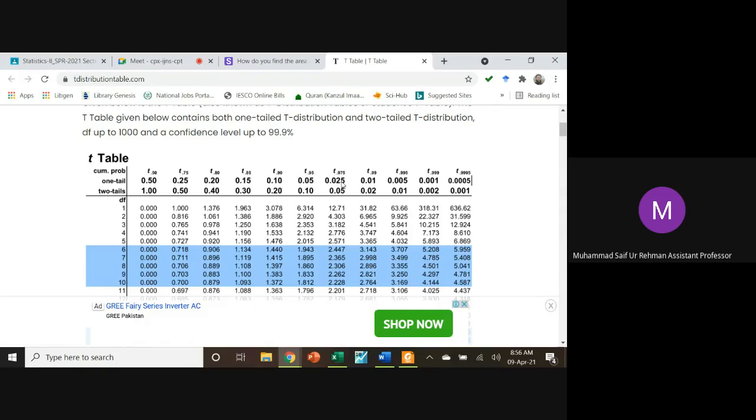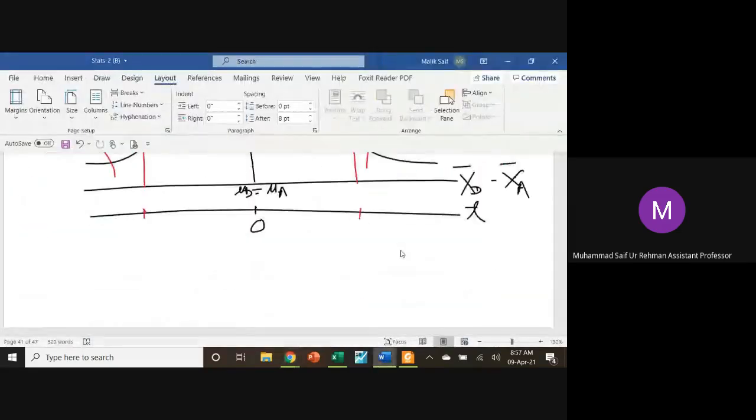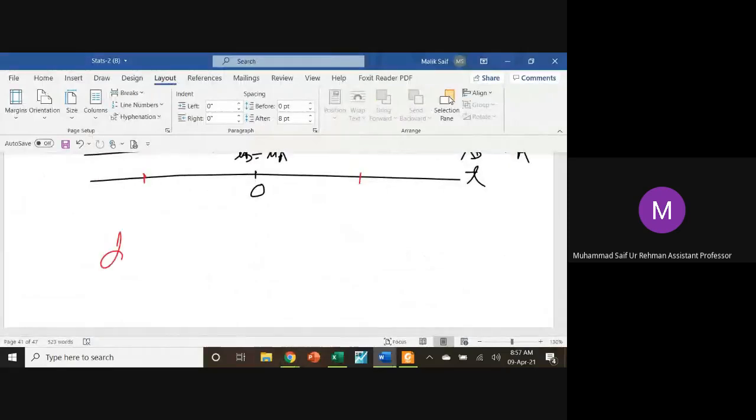Now the question is, what will be the degree of freedom in this particular case? As there are two populations, you will see two samples definitely. So degree of freedom in this case will be df equal to nd plus na. Basically the formula is n1 plus n2.